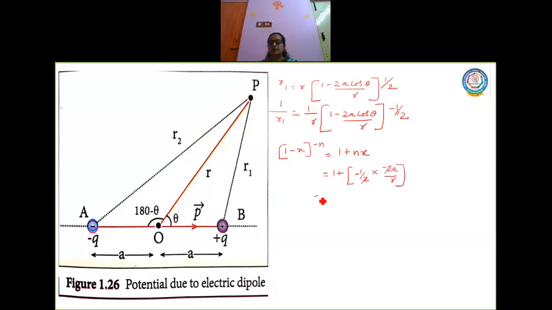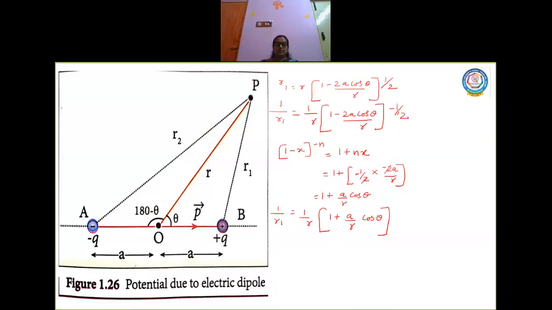So I will have 1 plus a by r cos theta. So 1 by r1 equals 1 by r into 1 plus a by r cos theta.